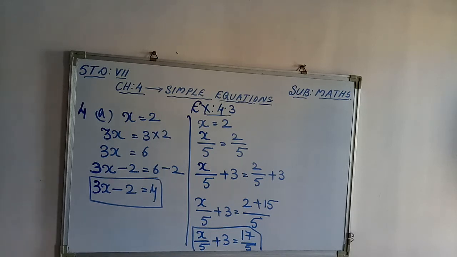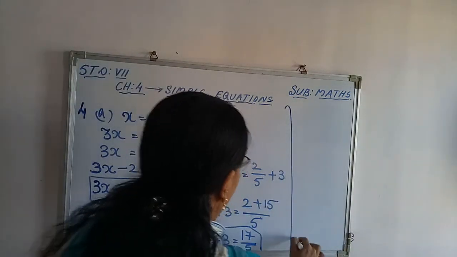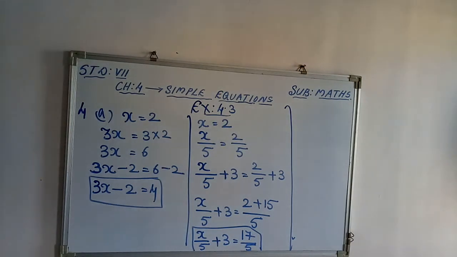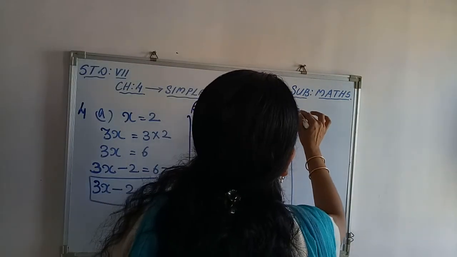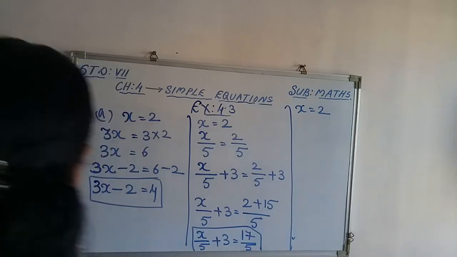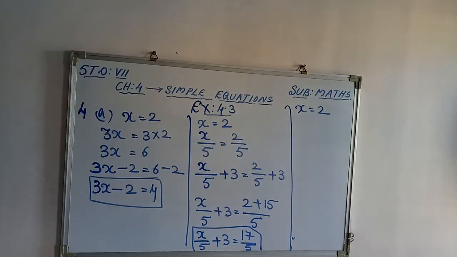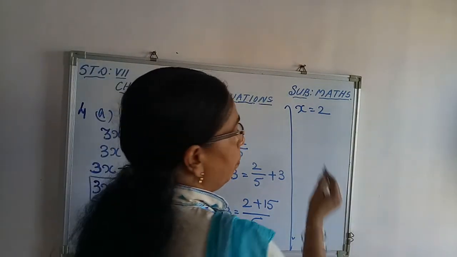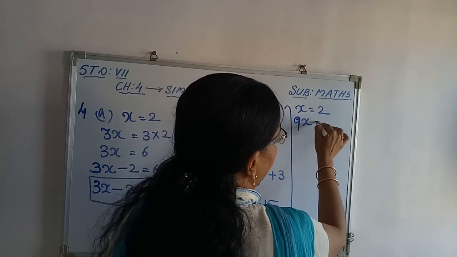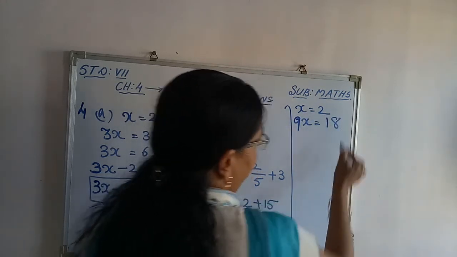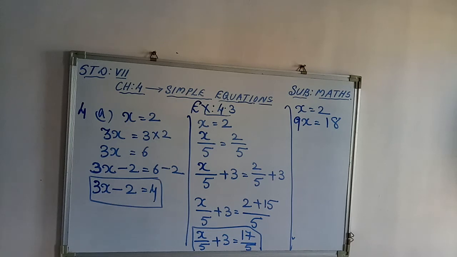Now the third one. Another equation, we want, isn't it? So x is equal to 2. Multiplying both the sides by 9, 9x is equal to 9 into 2, 18. 9x is equal to 18.